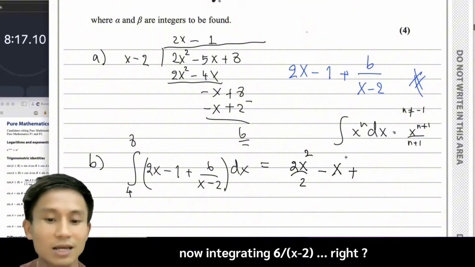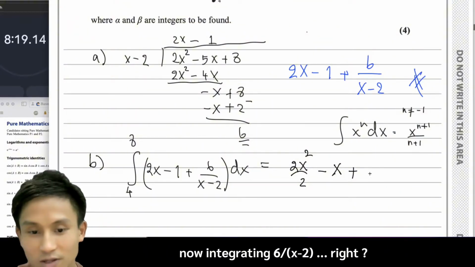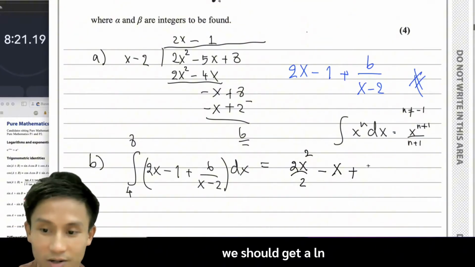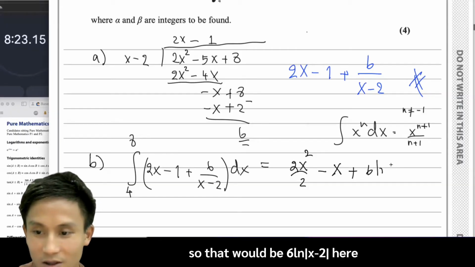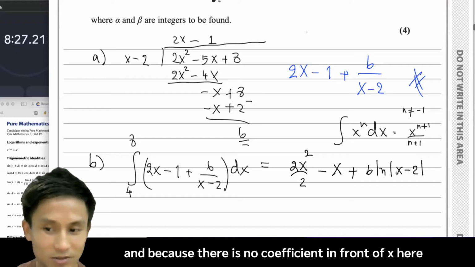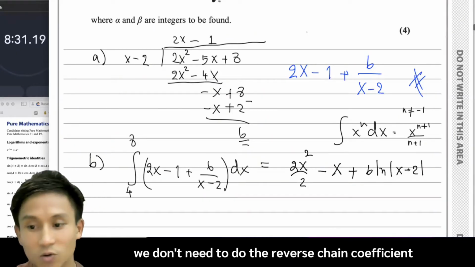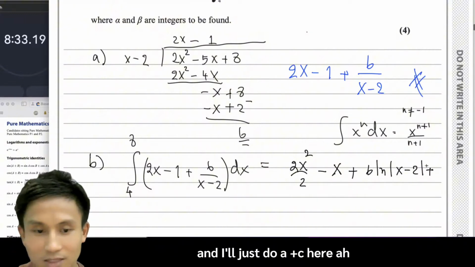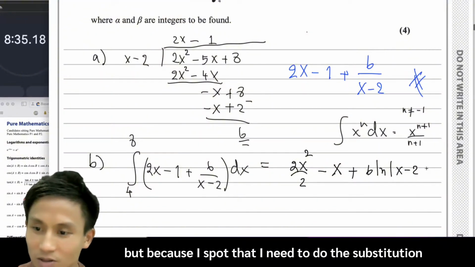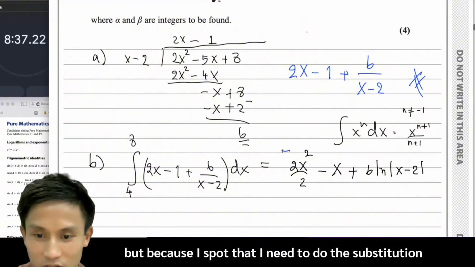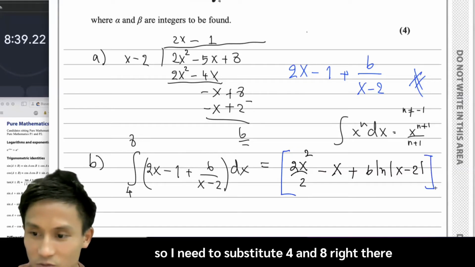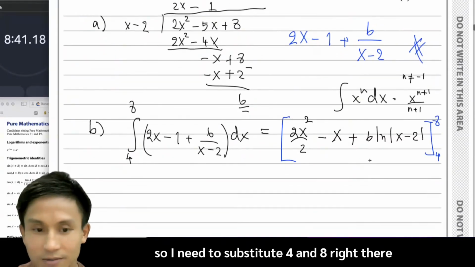Integrating 6 over x minus 2, right? We should get a ln. So that would be 6 ln(x minus 2) here. And because there is no coefficient in front of x here, we don't need to do the reverse chain coefficient. And I'll just do a plus c here. But because I spot that I need to do the substitution, I need to substitute 4 and 8 right there.